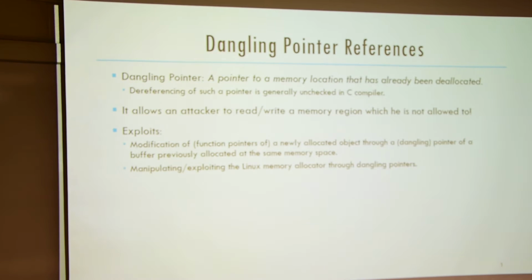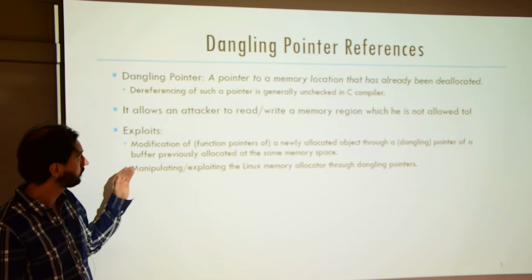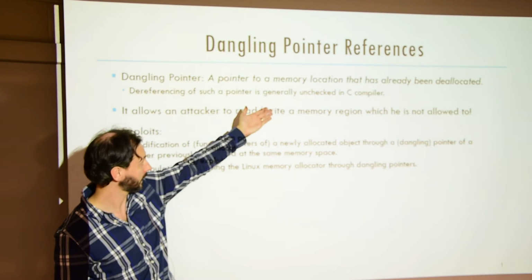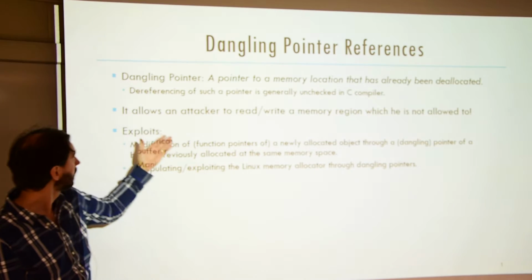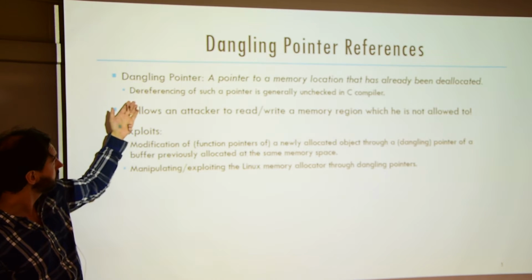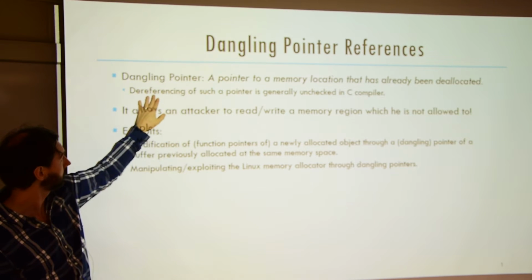Then we have dangling pointer references. What happens here is that we have effectively a pointer to a memory location that has already been deallocated. But dereferencing of such a pointer is generally unchecked in the C compiler. What does dereferencing mean?